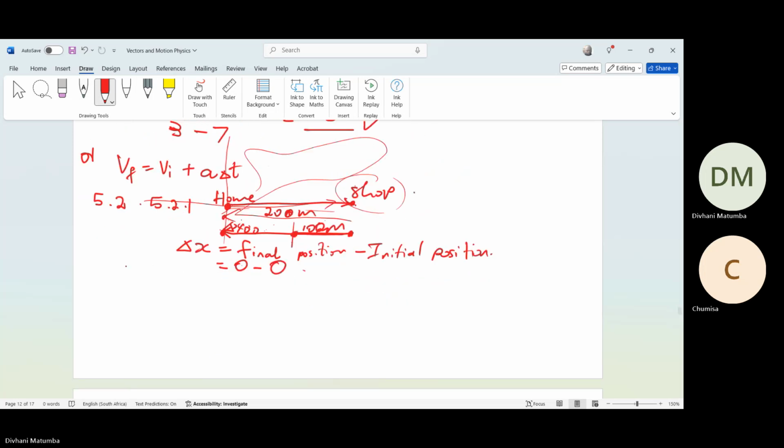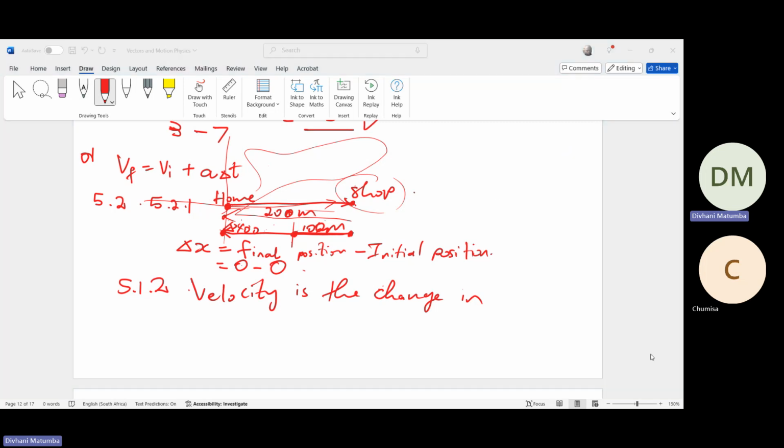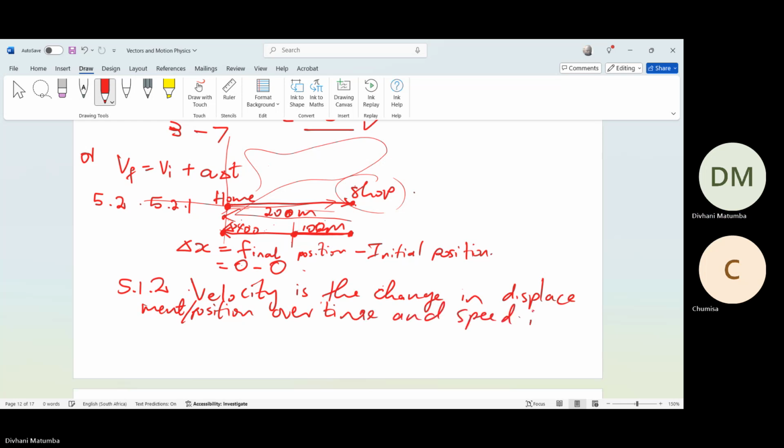5.2.2. Velocity is the change in displacement or position over time, and speed is the change in distance over time.